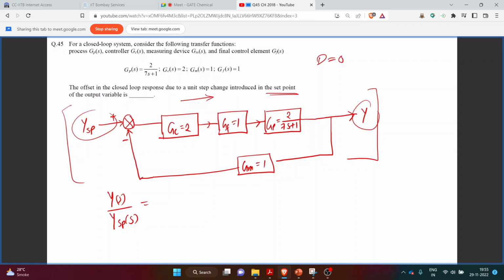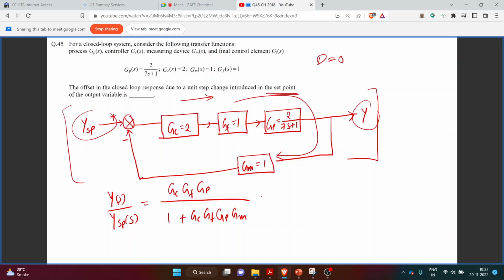The numerator will be the multiplication of all these blocks GC, GF and GP. It is GC, GF, GP, and the denominator will be the multiplication of all the transfer functions in the feedback loop, that is basically all the transfer functions in this loop. That is 1 plus GC, GF, GP and GM.